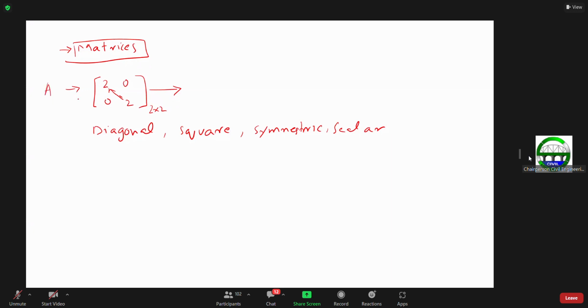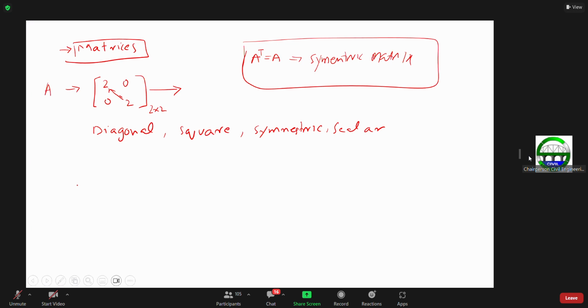For example, if it is A, then A transpose should be equal to A, then it is called a symmetric matrix.